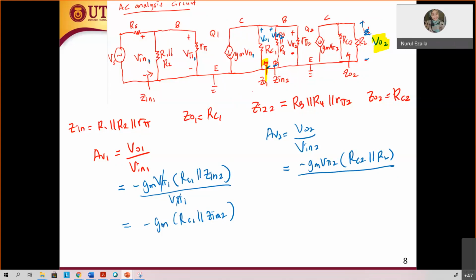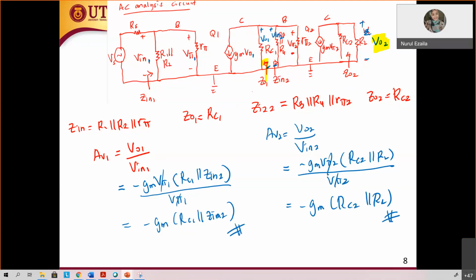V pi 2. Correct. I already wrote here, I don't know whether you can see, that's why I use a different color. So this is V in 2 parallel with V pi 2. Therefore, V in 2 is equal to V pi 2, and this one will be gm RC2 parallel with RL. Okay, so that is the analysis.